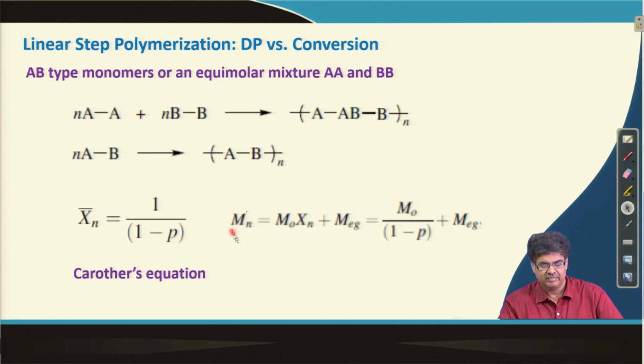The molecular weight Mn is given by M naught, the average molecular weight of the structural unit, times the degree of polymerization, plus the molecular weight of the end group. So, Mn equals M naught over 1 minus p plus the molecular weight of the end group.